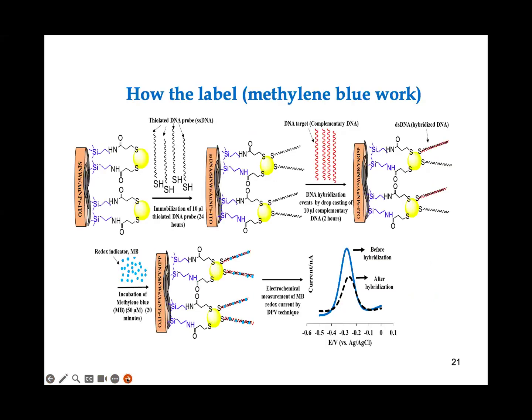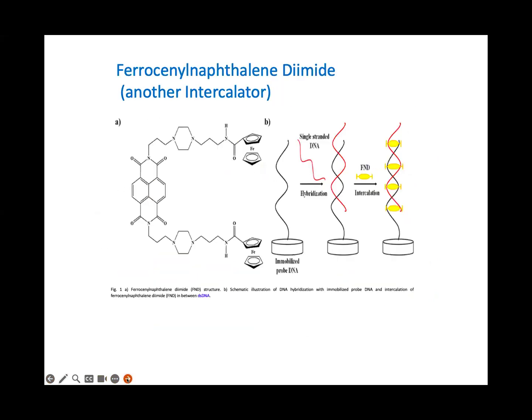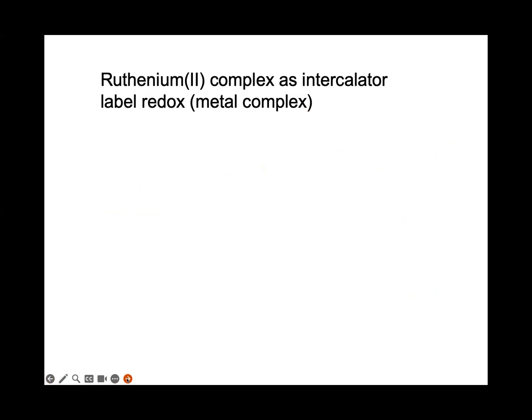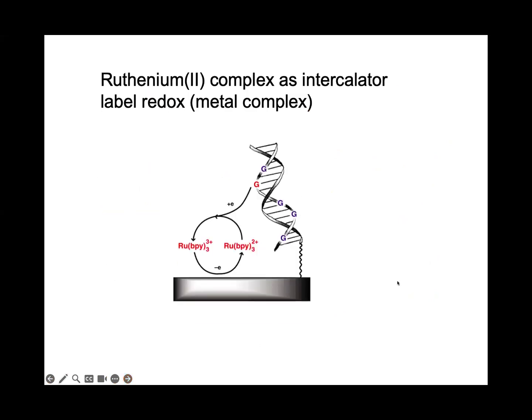Okay, all right. And there are other types of label. For example, we have metal complexes. So this is another type of label. Apart from intercalator, apart from groove binders, we can also use metal complexes, because you can see, they can also bind to the intercalating area of the DNA, right?